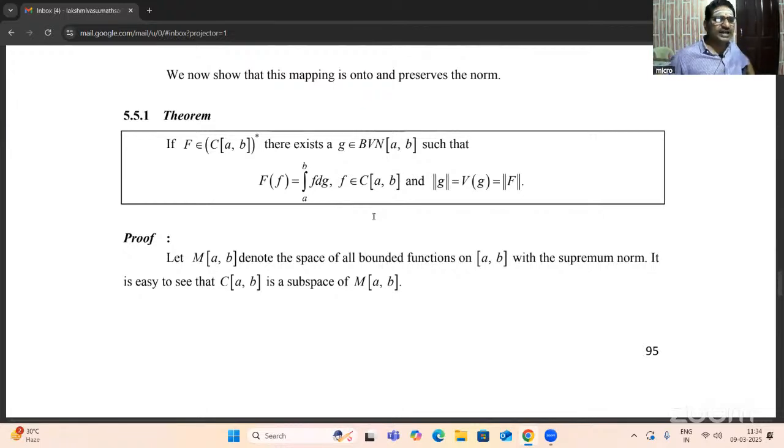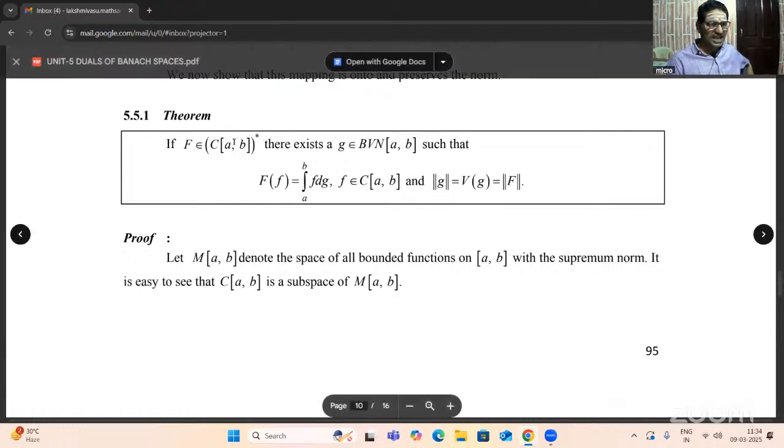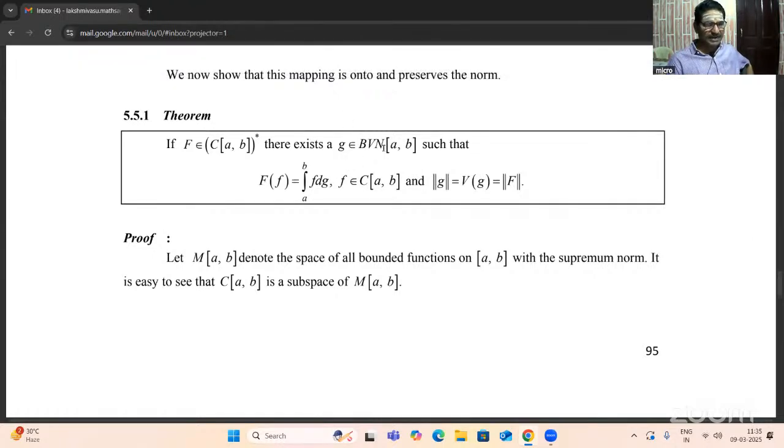These theorems are integration by parts and the fundamental theorem of integral calculus. These theorems are referred to in the algebraic part. But particularly throughout bounded variation and Riemann-Stieltjes integrals, you are taking the conjugate of C of ab, the function is capital F. There exists a small g, the normalized bounded variation function on the closed interval ab, and F of f equal to integral a to b f dg.